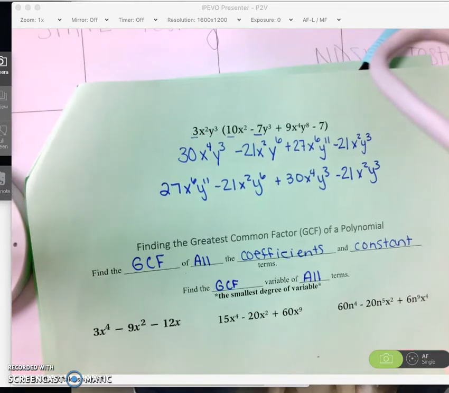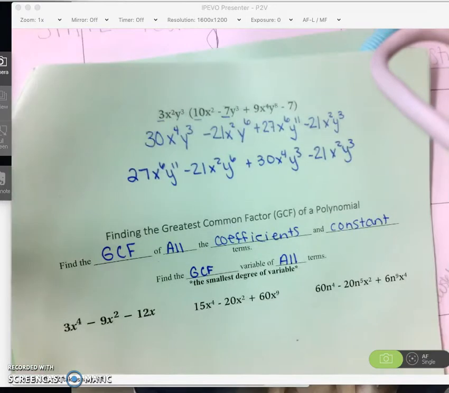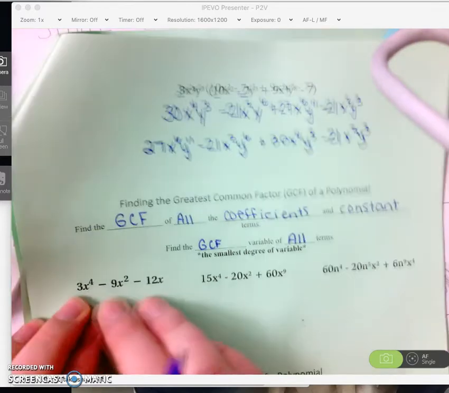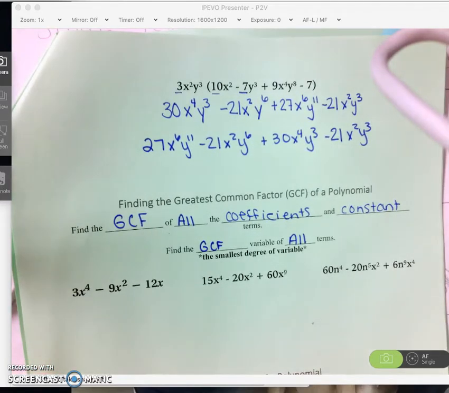So what this means is, first, if you have a constant, a constant is just a number, you're not going to be able to factor out a variable because a constant doesn't have a variable. So you want to divide each one of these by the biggest thing that you can, but you're going to have to look at the smallest thing.